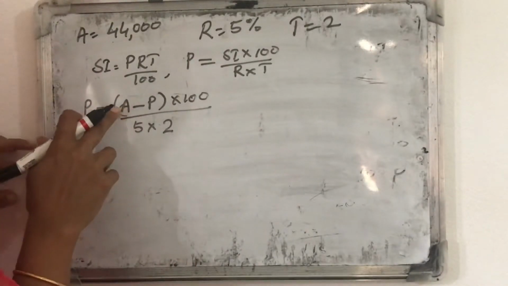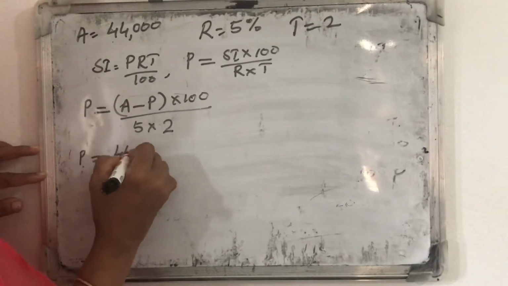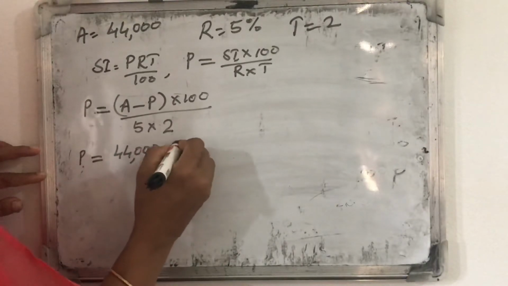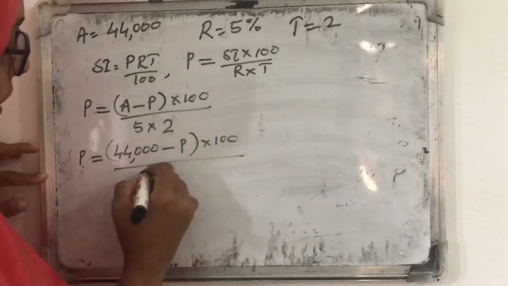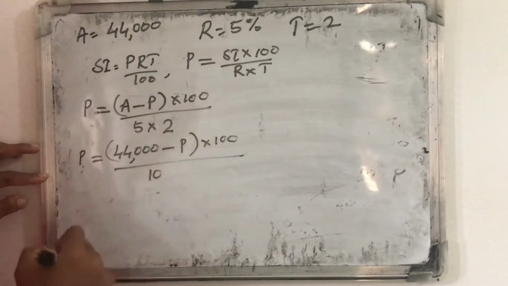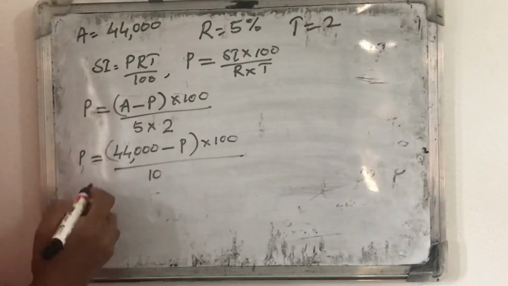And here A is what? 44,000. P is equal to 44,000 minus P into 100 divided by 5 into 2, that is 10.